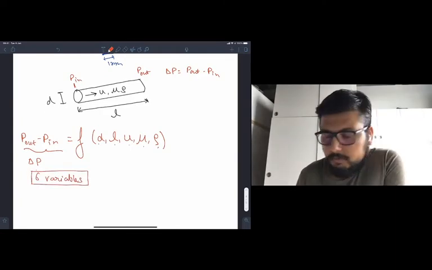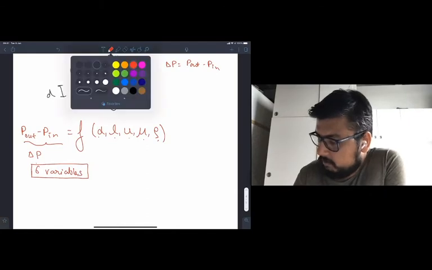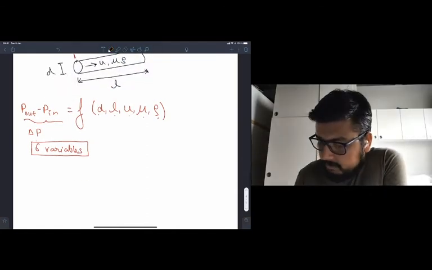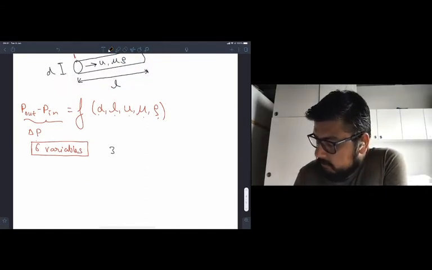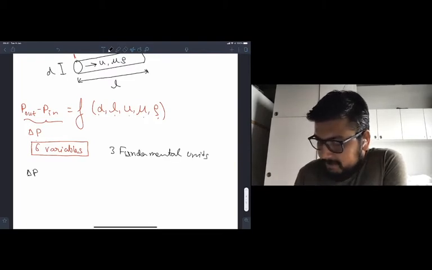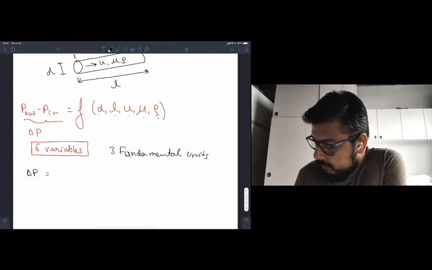But if we closely look into these variables, we'll find out that they are all made up of 3 fundamental units. For example, delta P is nothing but Newton per meter square.